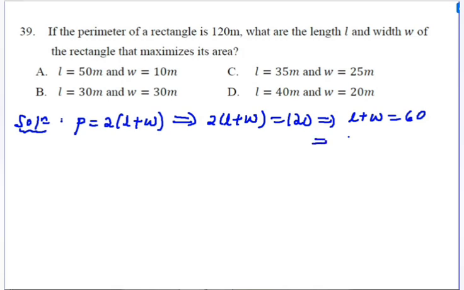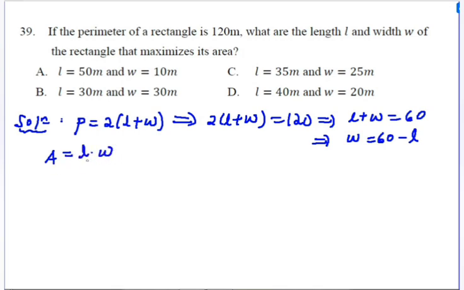So we can write the width in terms of the length. The width of this rectangle becomes 60 minus L. Now let's go back to the required thing. We are asking for the length and width at which the area of the rectangle becomes maximum. The area of a rectangle is defined as length times width.